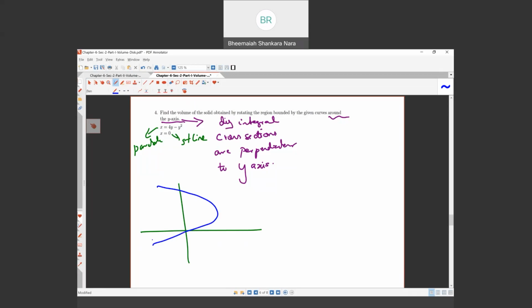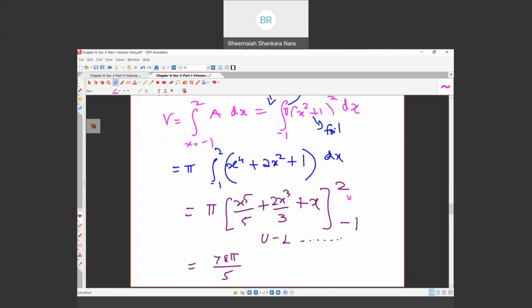So if you want to find the intersection points of this x equal to 0 y-axis and this given parabola, we have to solve for the point of intersection. So all you do is, you have x equal to 0, plug this x equal to 0 in this equation, x equal to 4y minus y square. As you plug in, you see 4y minus y square equal to 0. And then you solve for y.